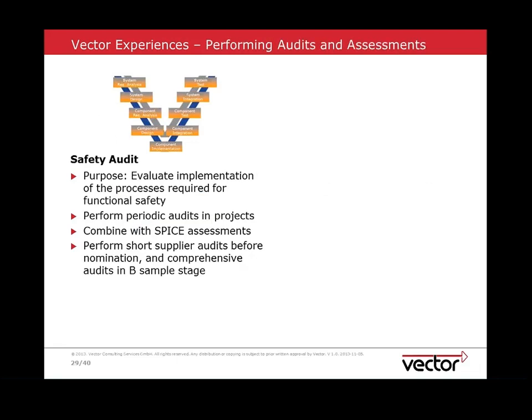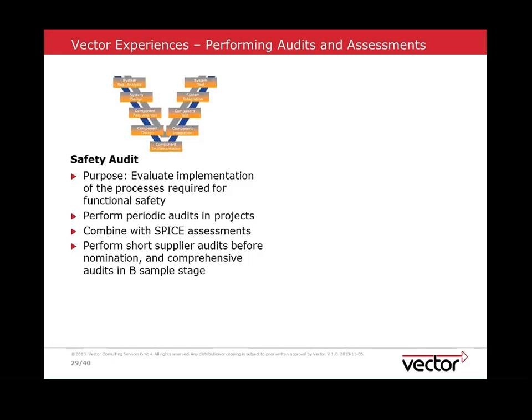On the other side of the whole life cycle activities, when we talk about the DIA or when we talked about the safety workshops, that is on the upper left side of the V. Now, on the right side, or in terms of how we are actually performing our safety requirements, it's also helpful to perform audits and assessments, where the safety audit is primarily looking into checking whether necessary processes have been done.